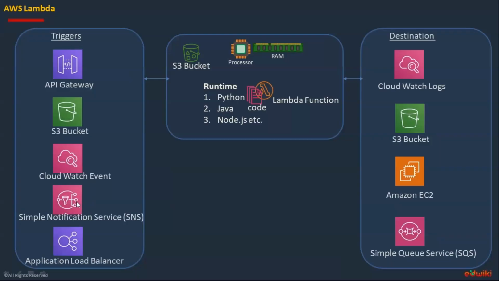Whenever that SNS receives the message saying that the server is not being stopped, the SNS will go and inform a second Lambda saying that, hey, this is what I have received. The second Lambda, you have a different code which will take care of how to troubleshoot it, or how to fix it, how to log into the server and do something, whatever, right? Then it will execute the code and do the necessary outputting for you. Make sense?